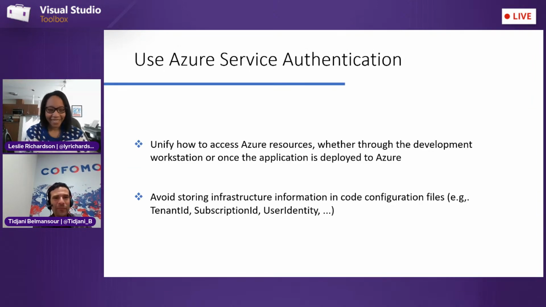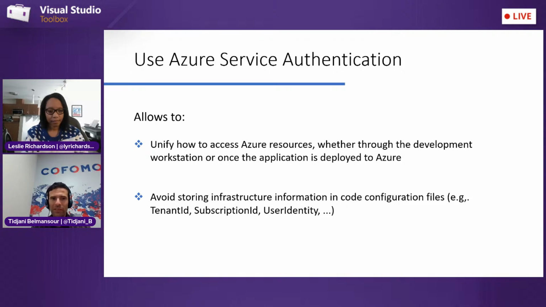Okay. So what's great about this last option is that it works independent of the kind of application. So whether it's an ASP.NET Core MVC application or a Blazor WebAssembly, you can use it with every kind of application. And the purpose of this option is that it allows us to unify the way we access Azure resources.